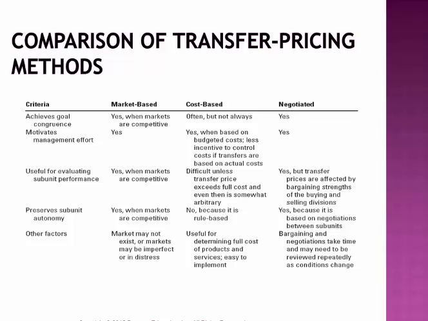So make sure you guys read through this chart and consider the example that we have looked at and what the effects are of using the transfer pricing method, not only from the eyes of the C-suite corporate management, but look at the different methods from the eyes of the subunit managers.